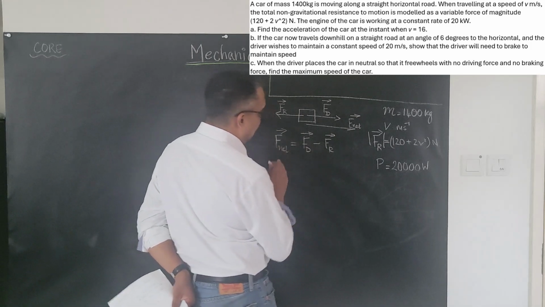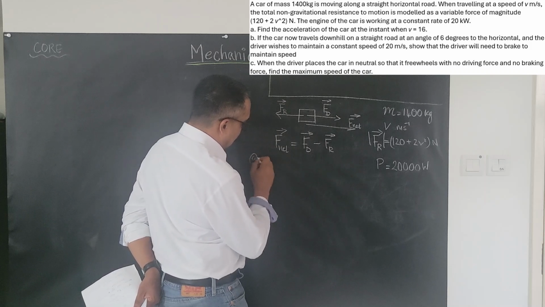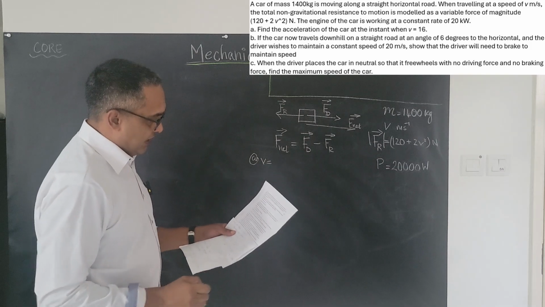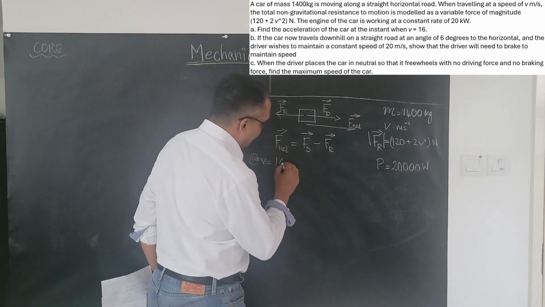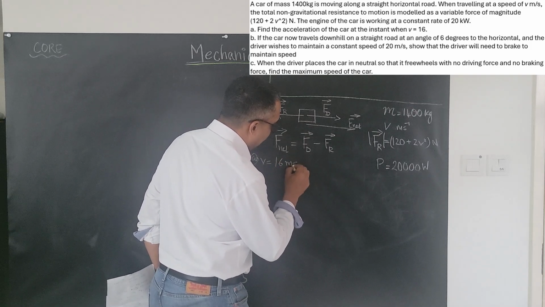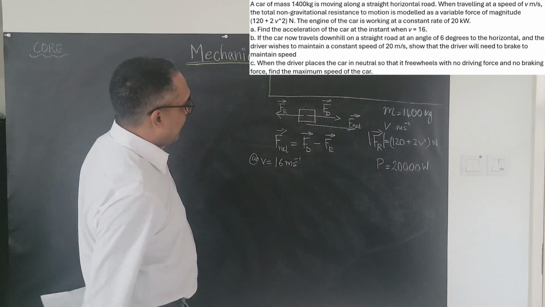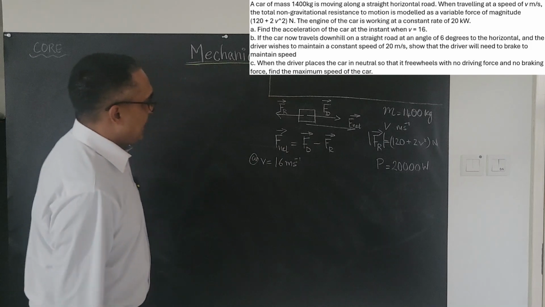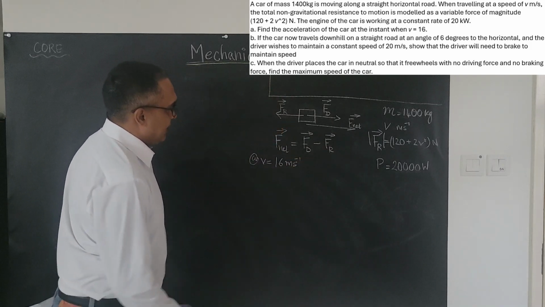If I did this as the net force and I want to do it at velocity equal to, and what velocity is he asking me to find that out? He just says 16. I want to say 16 meters per second. So at that time, the driving force doesn't change because we have power, right? But we know velocity and power, so we can calculate that, right?